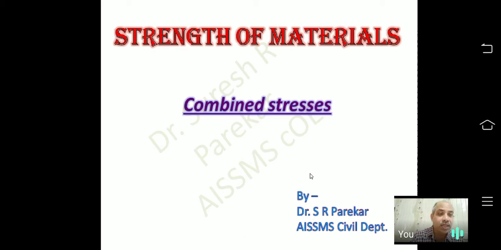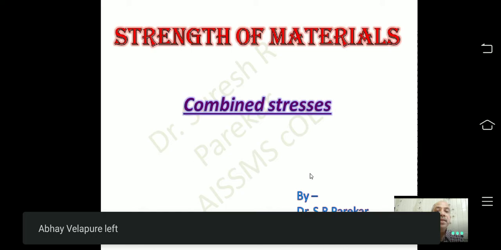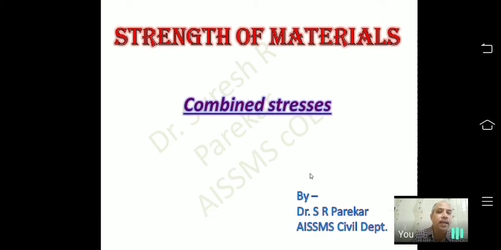So we know by using torsion we can find shear stress. We know by bending we can find bending stress. And by axial force we can find axial stress. Now we are going to take a combination of these, and the combination will develop principal stresses, and we are interested to calculate principal stresses due to these combined loadings, which we are going to call combined stresses.